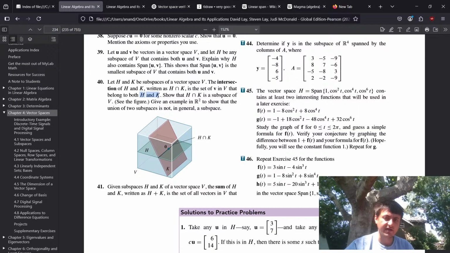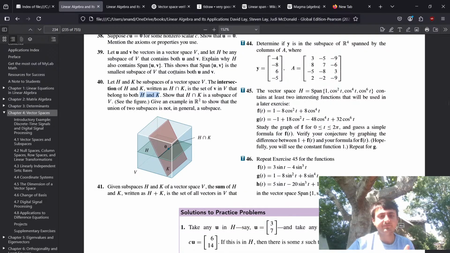So it contains the span of U and V. That same argument holds for K. So now we've shown that linear combinations of U and V that were in the intersection are also in the intersection. And for 0, let's see about 0. Well, 0 has to be in H and 0 has to be in K. Therefore, 0 is in the intersection. Therefore, it is a subspace. Okay, so that's easy.